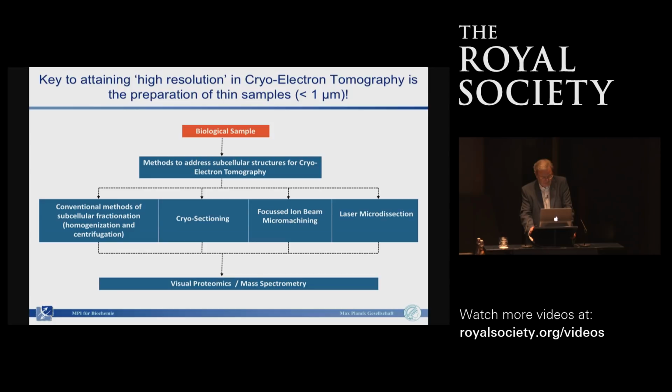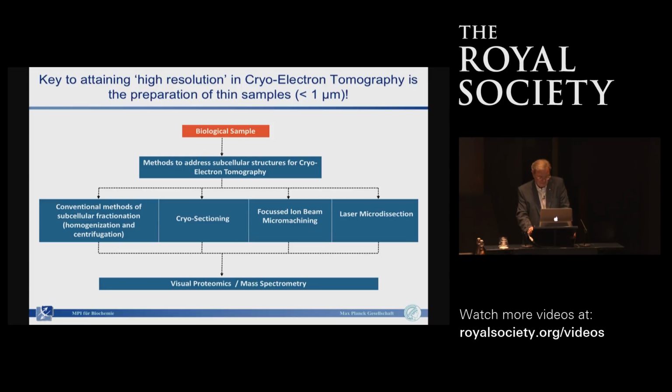There are various methods. What we want to avoid is subcellular fractionation. You can, of course, isolate many organelles easily and do tomography on them, but that is not exactly what we would like to achieve. The same is true for laser microdissection. Cryosectioning can be applied in principle. I think Jacques Dubochet's lab has worked on that for a while. It's very tedious.